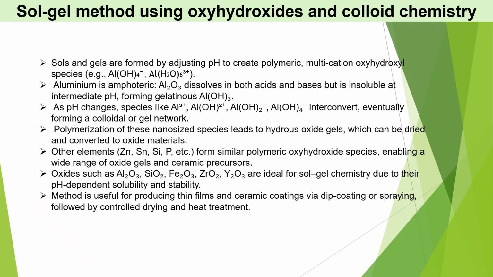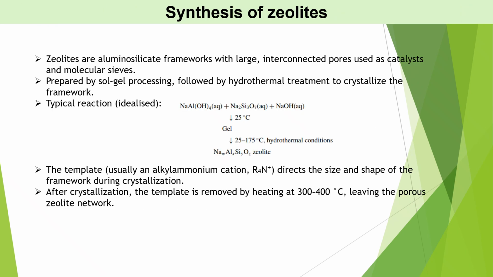Synthesis of zeolites. Zeolites are porous aluminosilicate frameworks used as catalysts and molecular sieves. They are synthesized by hydrothermal crystallization of a gel prepared from sodium aluminate, Na2Si3O7, and NaOH.